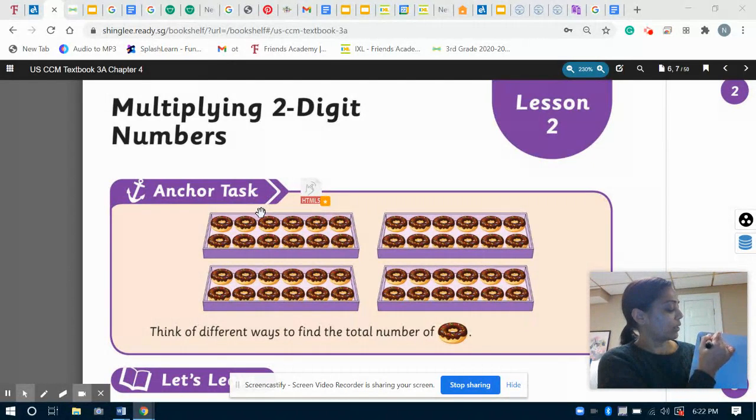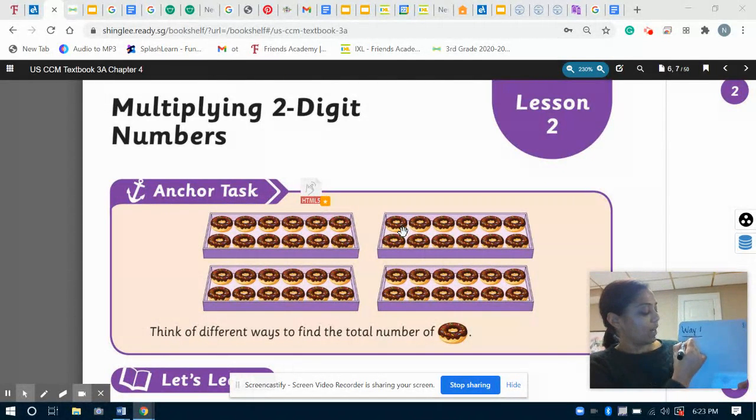So way 1. I wonder if you said, okay, I see 2 trays of 12 donuts each, and you could have done 12 plus 12, which is 24, and then counted the last 2 trays, which again has 12 plus 12, again 24.